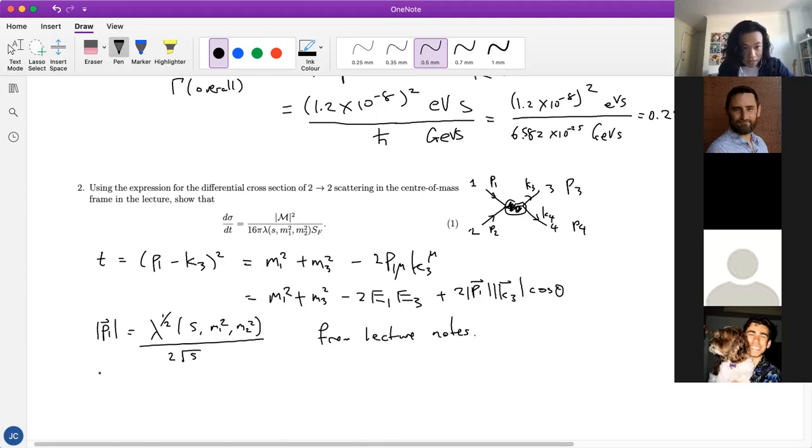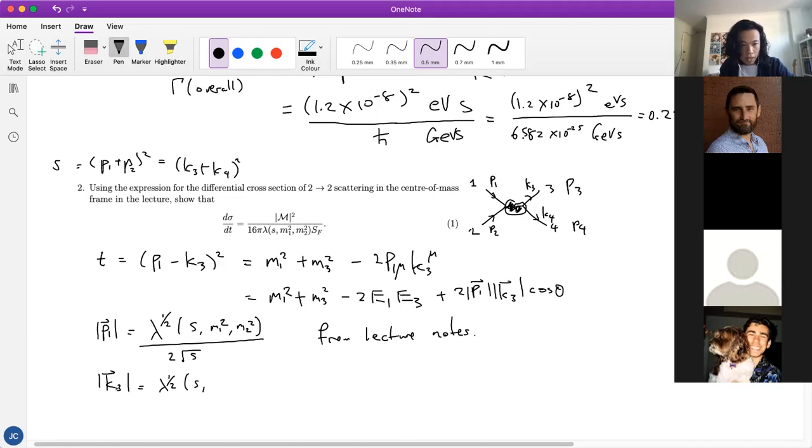And similarly, if you do the exact same thing, you can get it for the final particle as well. K3 is equal to the Callan function, but instead of M1, M2, because remember the Mandelstam variable S could be given as either the two initial particles' sum or the final particles' sum, K3 plus K4 squared. So if you're using the initial particle sum to derive this, you're going to get M1 squared, M2 squared.